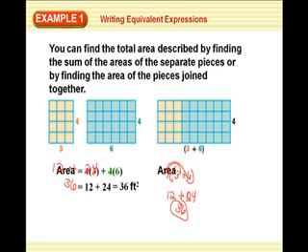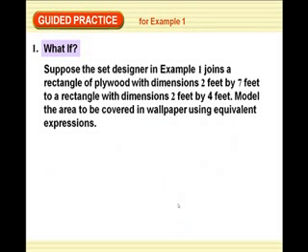So they're showing the two ways to do it. Okay, so suppose the set designer joins a rectangular plywood with the dimensions 2 feet by 7 feet to a rectangle 2 feet by 4 feet. I don't know if they're going to show us a picture, but let's say this is 7 feet by 2 feet, and this one is 2 feet by 4 feet.